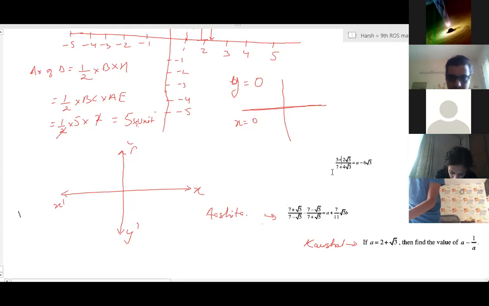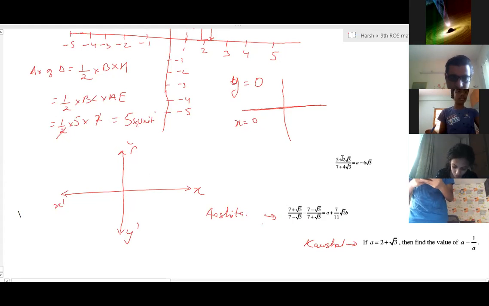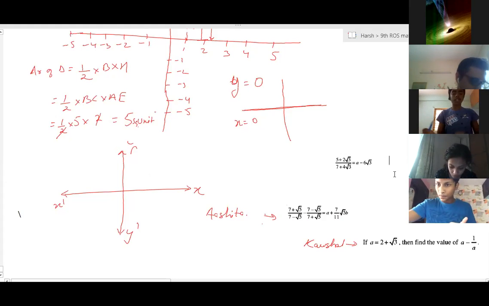Yes, sir. This is your question, Ritvik. Open your camera. Am I visible and audible? Yes, visible. This is your question: 5 plus 2 under root 3.